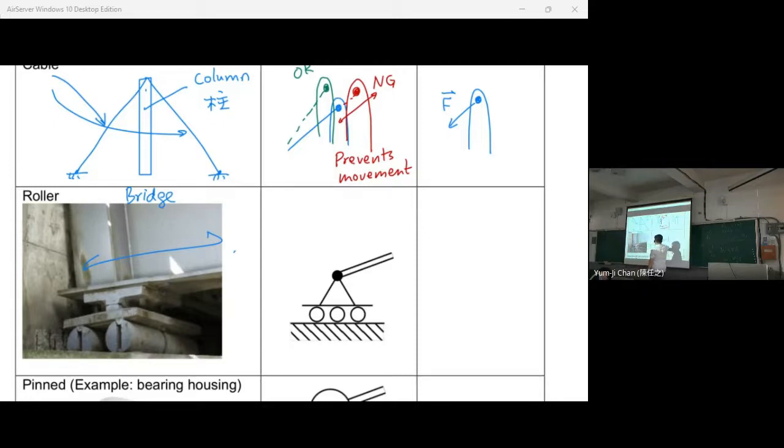So in later examples, in statics and in mechanics of materials, we will draw it like this, with rollers here, and then you can move to the left and to the right, and this one can also rotate.